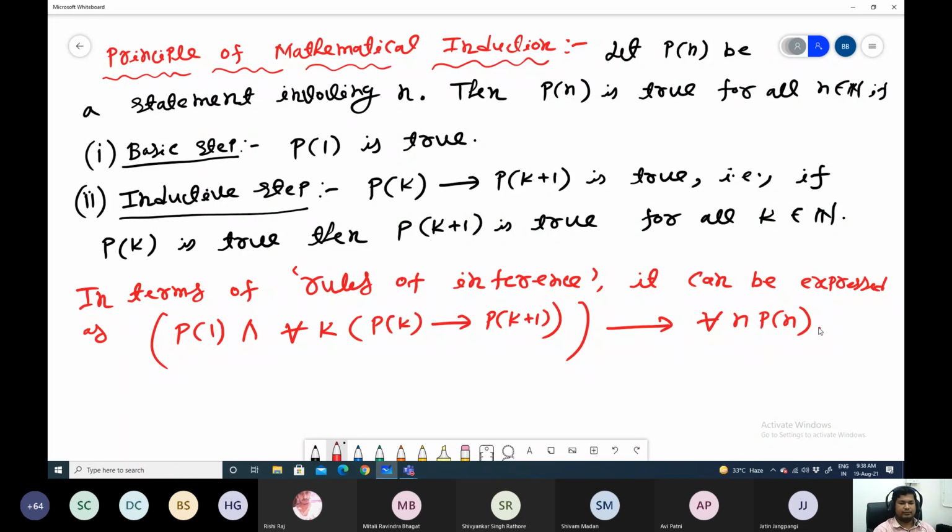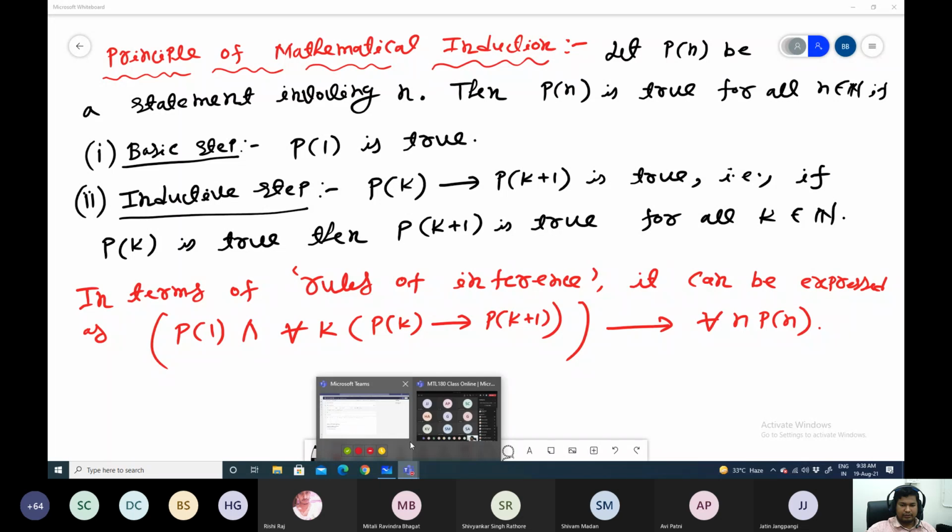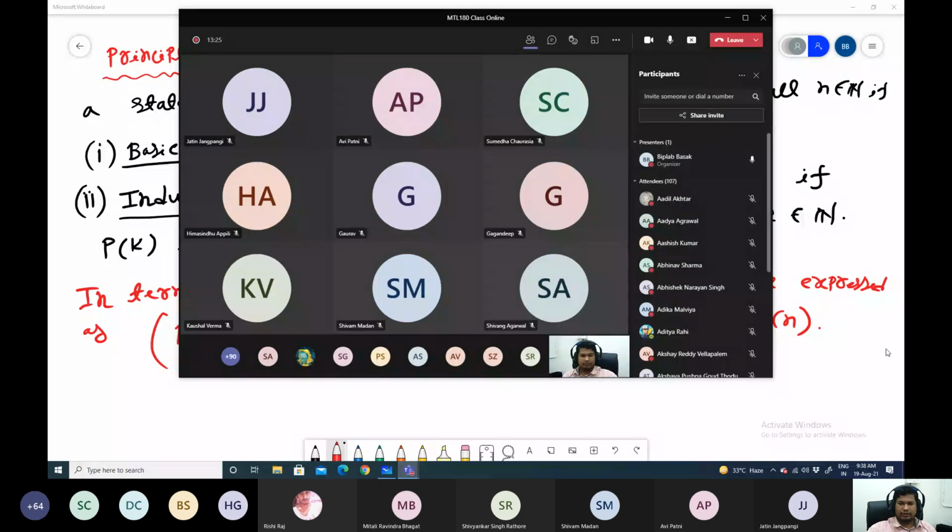Okay. So in terms of rules of inference, we have this. That means the principle of mathematical induction can be expressed by this. Fine.